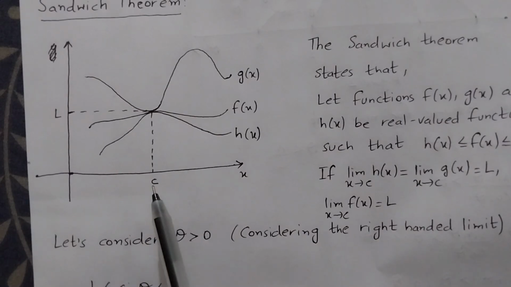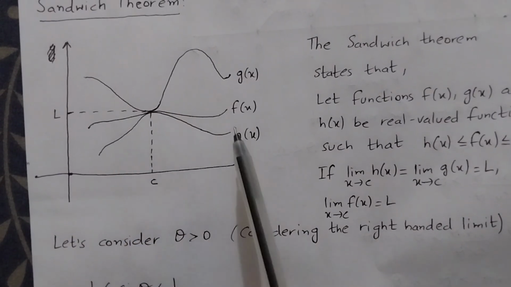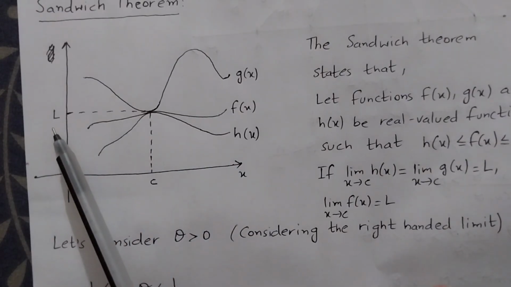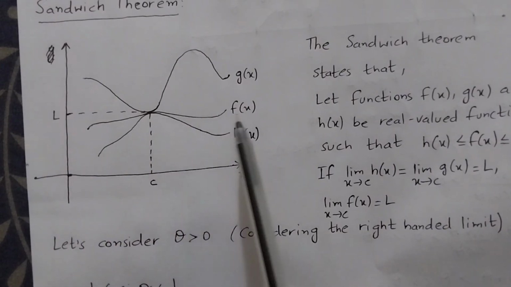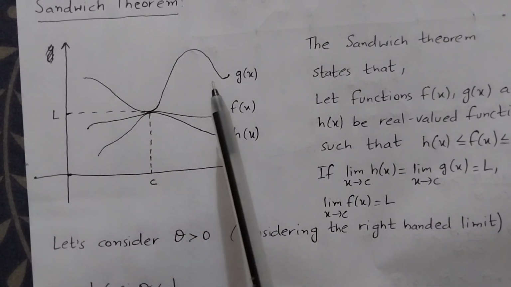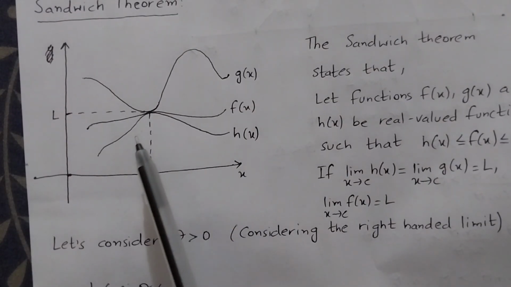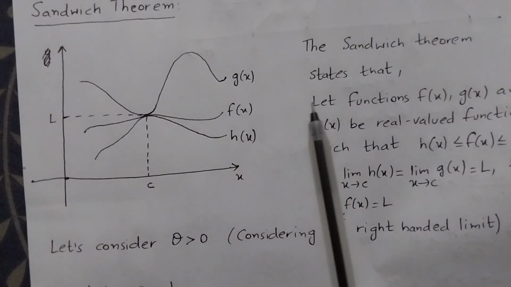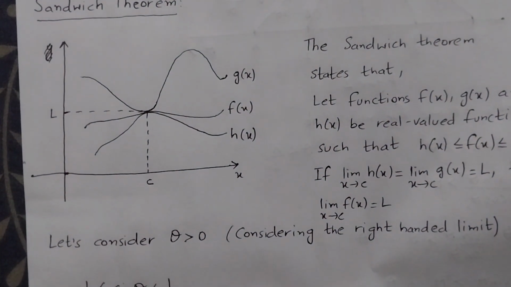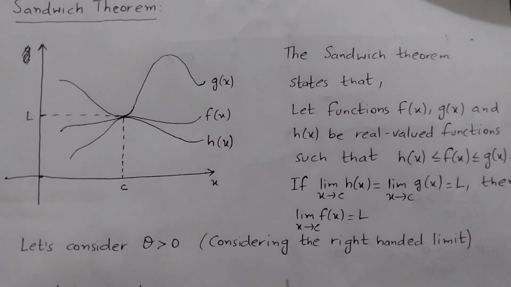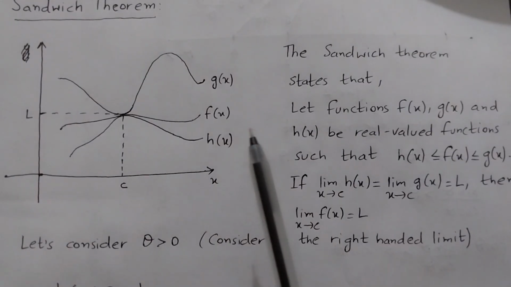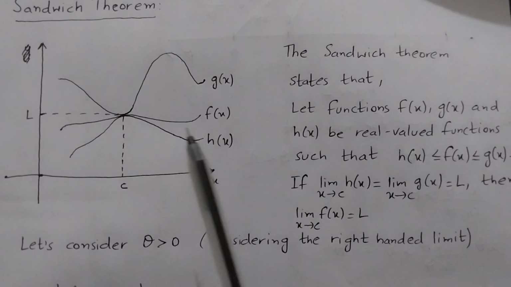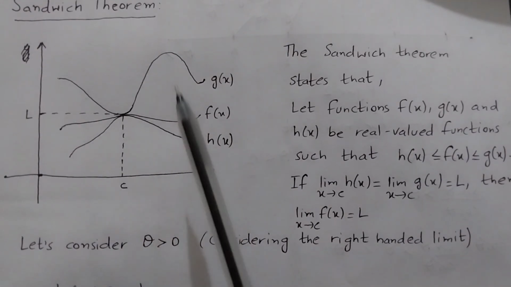So whenever we approach c, we can see that h of x and g of x, they both approach L. Because f of x is sandwiched between those two functions g of x and h of x, it will also approach L. So this is basically sandwich theorem. So we need three functions, g of x, f of x and h of x, and we need a function to be in between two functions.